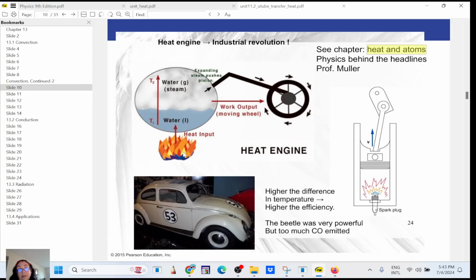So you need a hot reservoir, a cool reservoir, and you can use this process to do work. Okay, so to get some mechanical work.